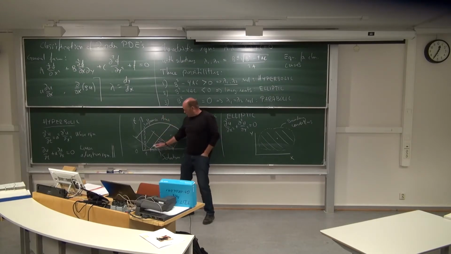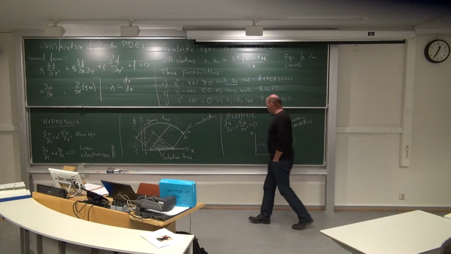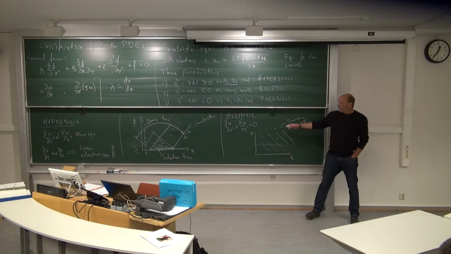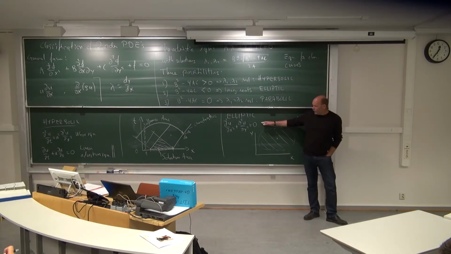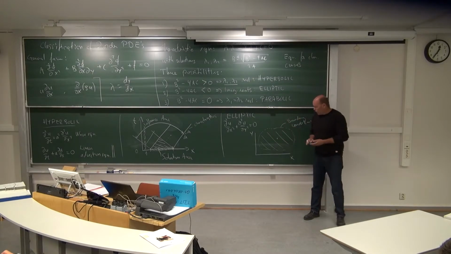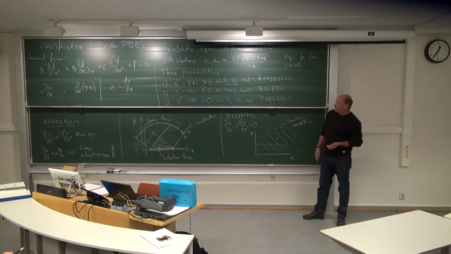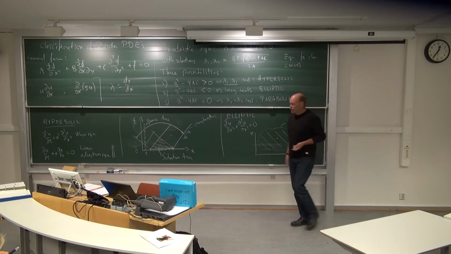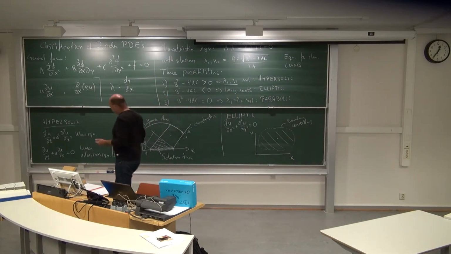You can march it forward in time, at least to some region, in the other cases. Here we don't have time in our equation. It's pure space, so no development, no marching direction for a solution.